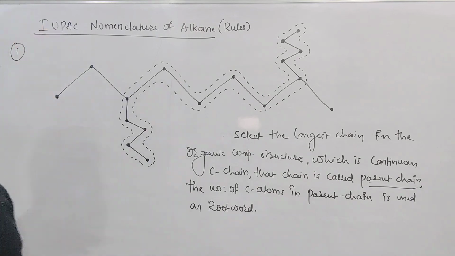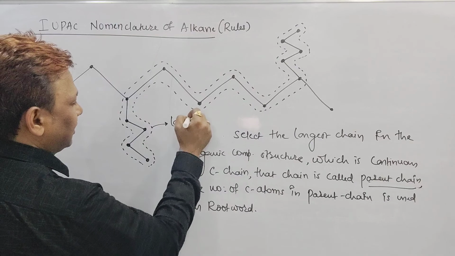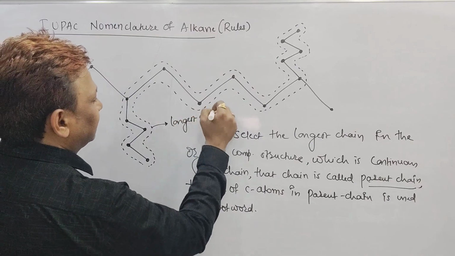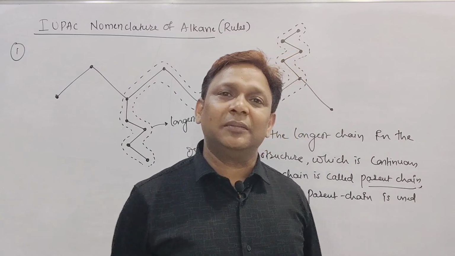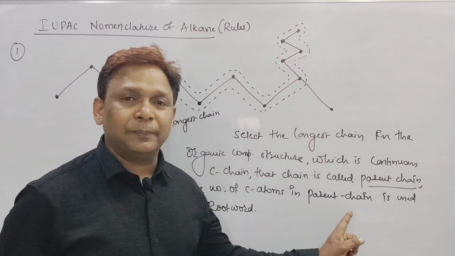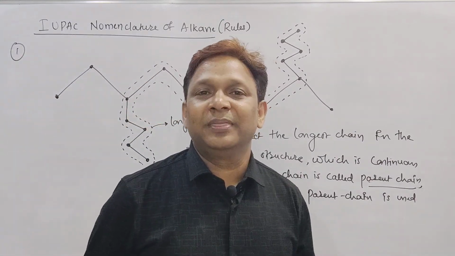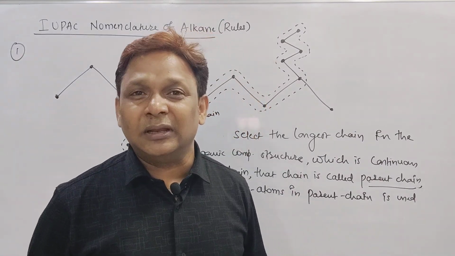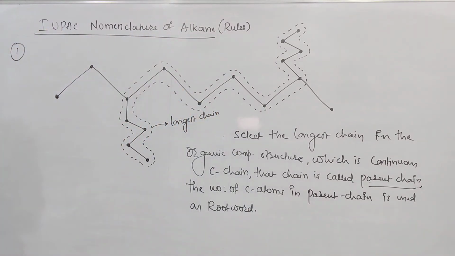Anybody having doubt? This dotted line part will be called the longest chain. How many carbon atoms are there in the longest chain? 14 carbon atoms. And that number of carbon atoms in the parent chain will be used as a root word. 14 carbon means tetradec is the root word. Is it clear?